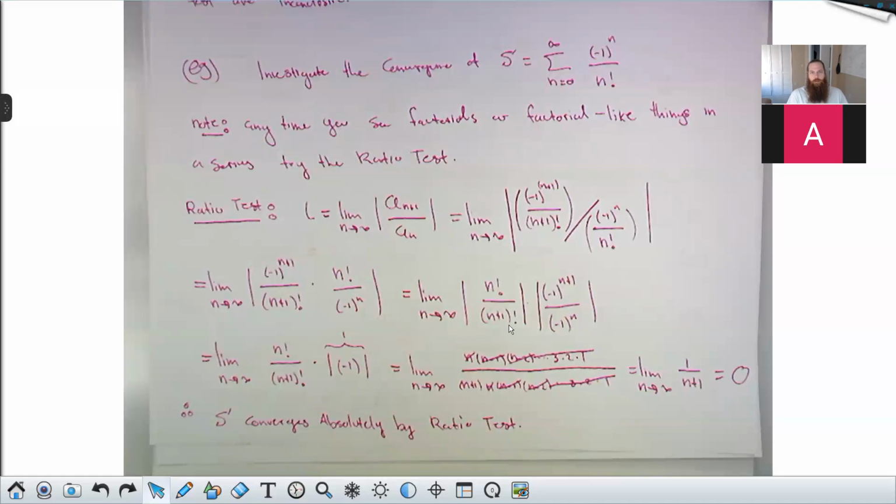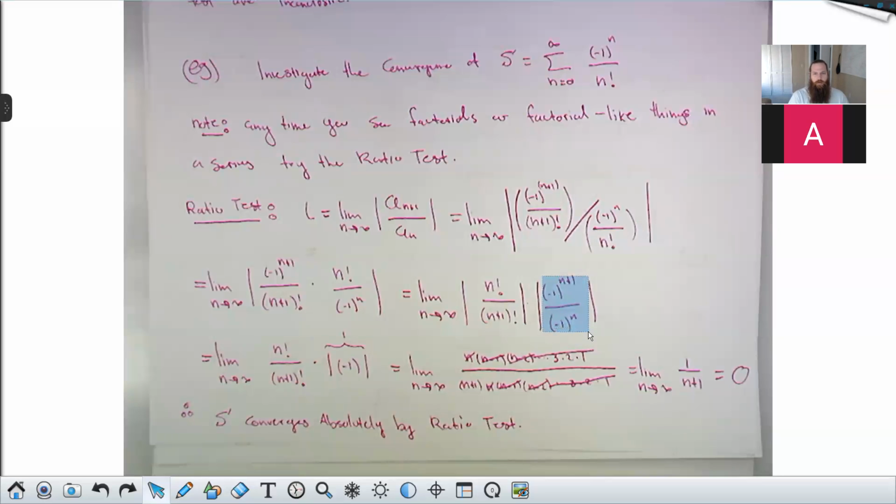Questions on what we did here with the ratio test? Take your time, make sure you get this all in your notes. I'll give you a minute here. There's a lot of algebra stuff that we haven't necessarily practiced with very much. Algebra of absolute values. You have to remember your rules for exponents to simplify this thing.